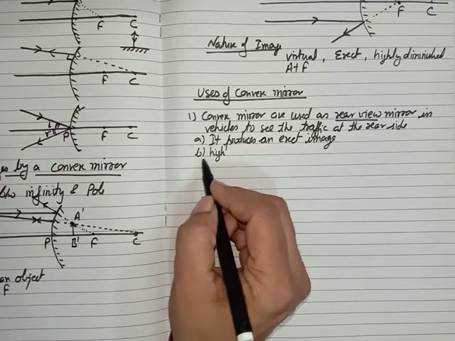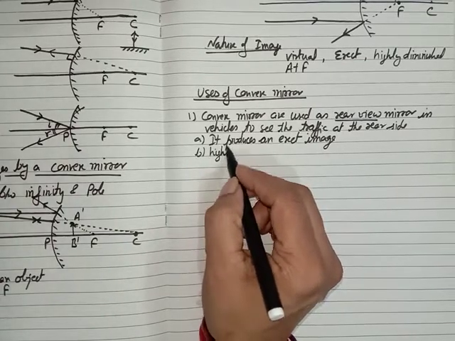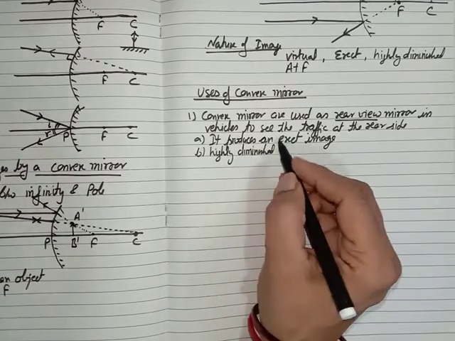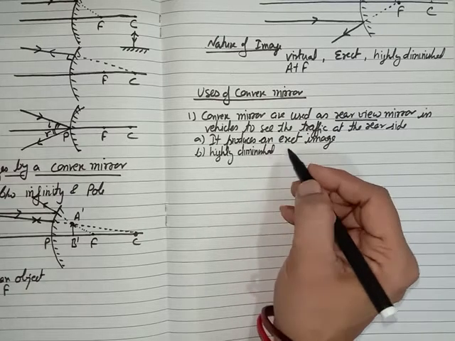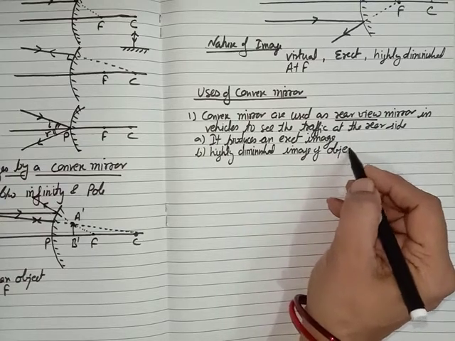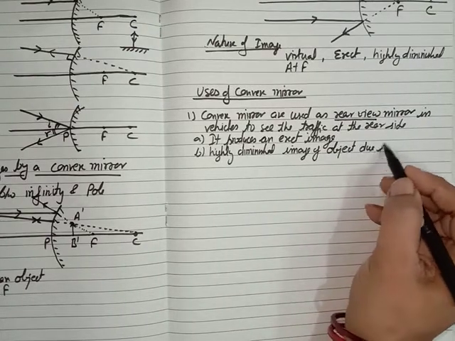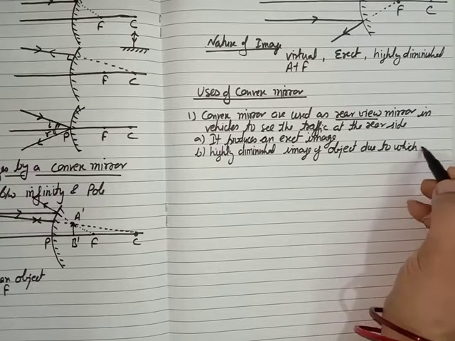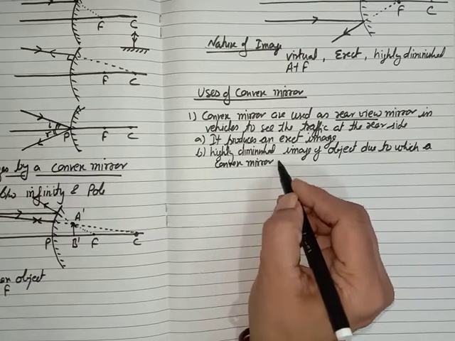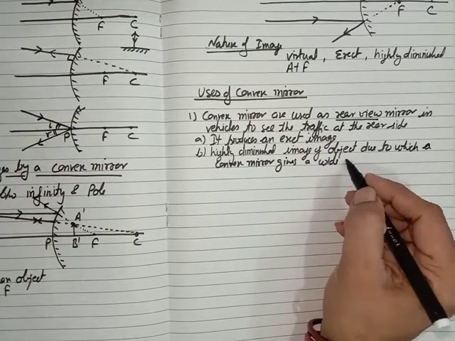You can write here: it forms a highly diminished, or you can say smaller, image of the object, due to which a convex mirror gives a wide view.